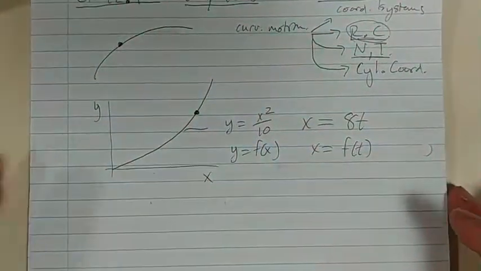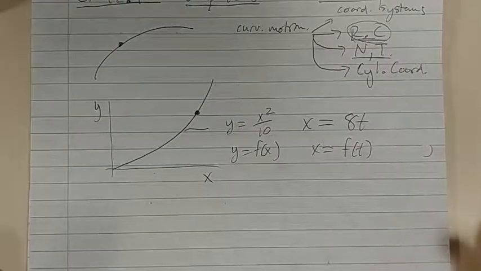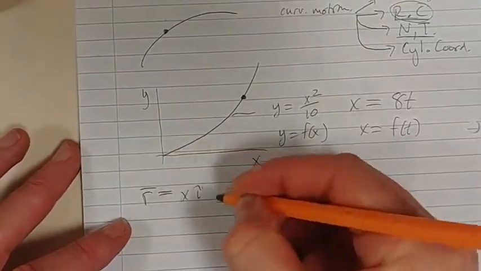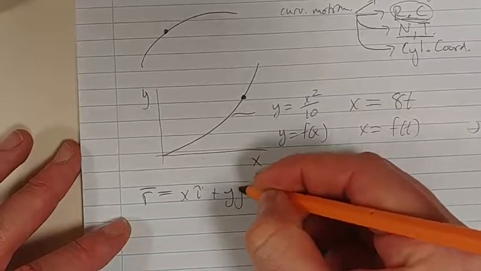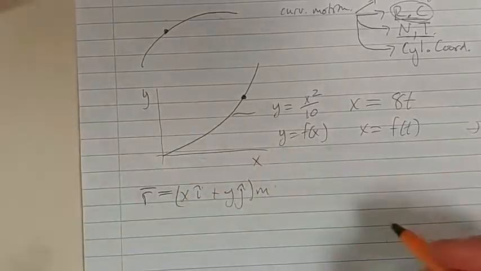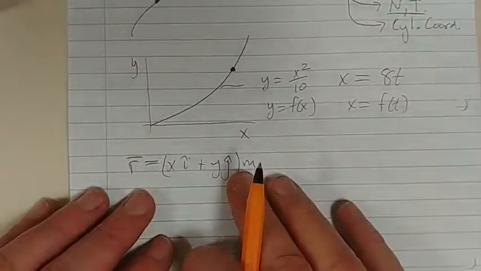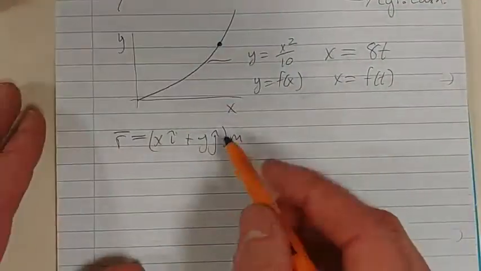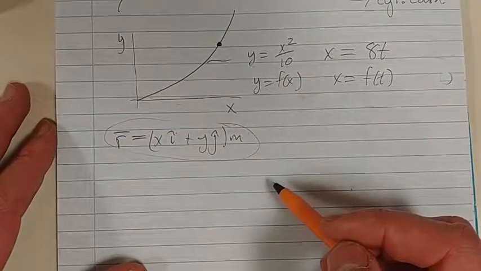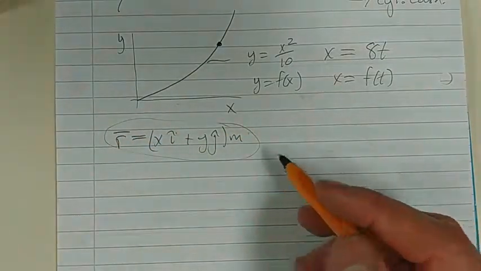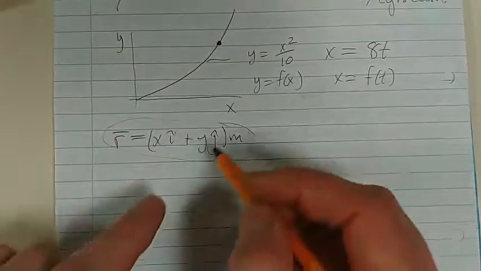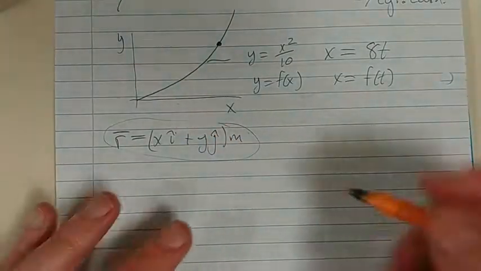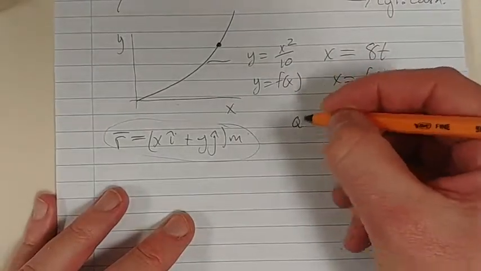Based on the theory, let us start by writing out what our position vector is. That is the general form of our position vector using rectangular components. The textbook doesn't do this. They just try to jump into analyzing one of the components and move on from there.